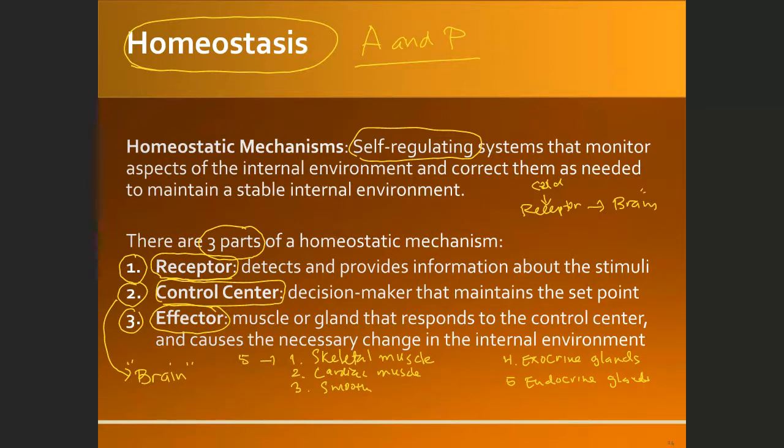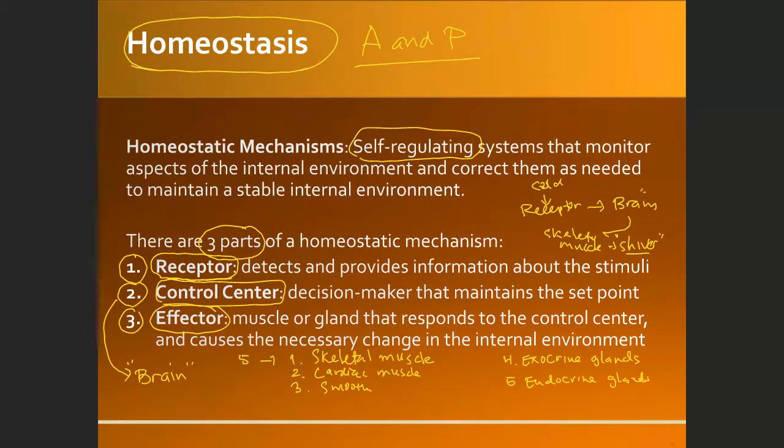The brain then will order the skeletal muscle, which is one of the effectors, to contract, or what we call to shiver. Our muscle will shiver in order to increase the body temperature.